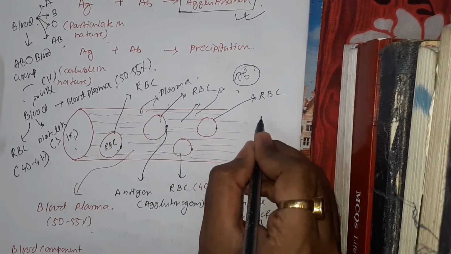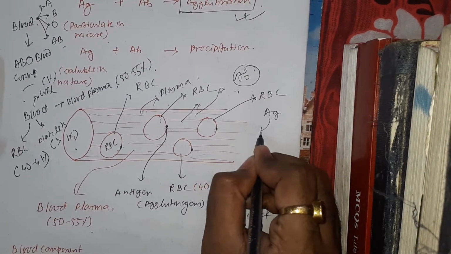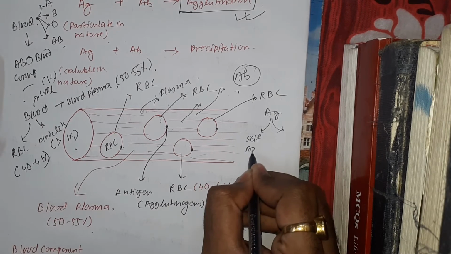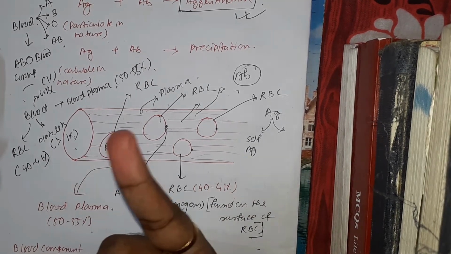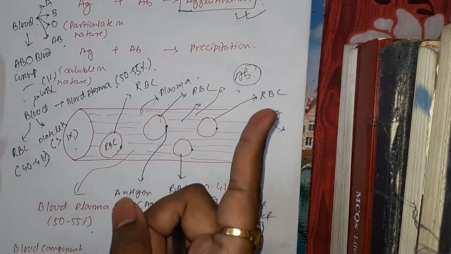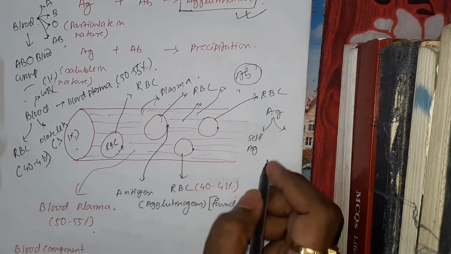Before going to talk about this, you need to know that antigen can be of two types. One is self antigen, that is produced by our own body to train our immune component to fight against non-self antigen, right?